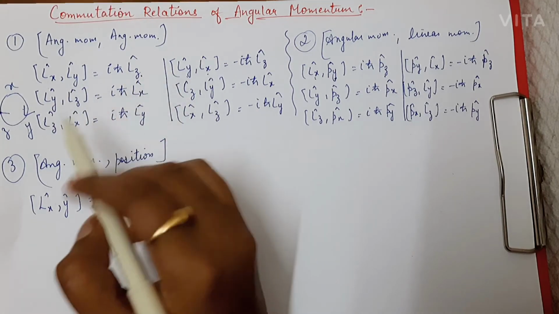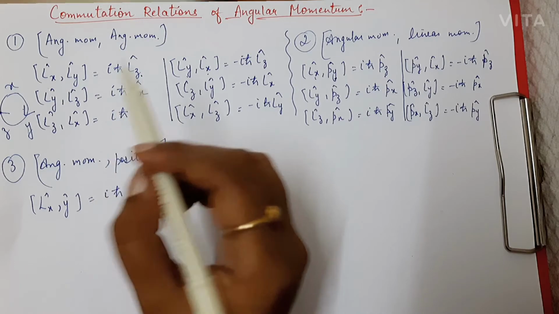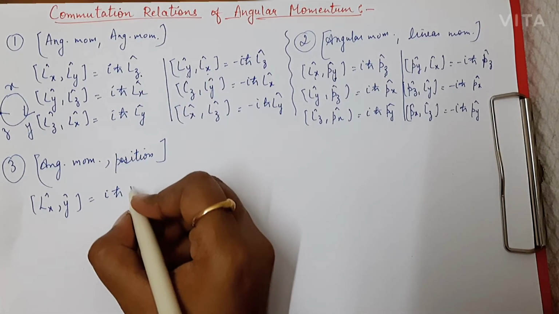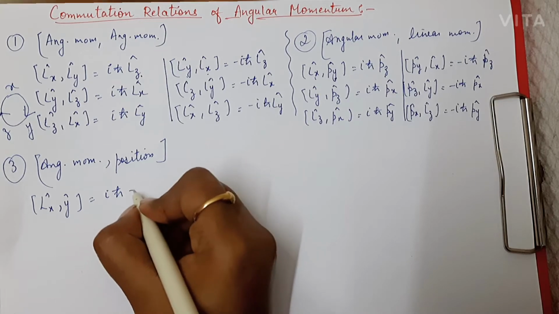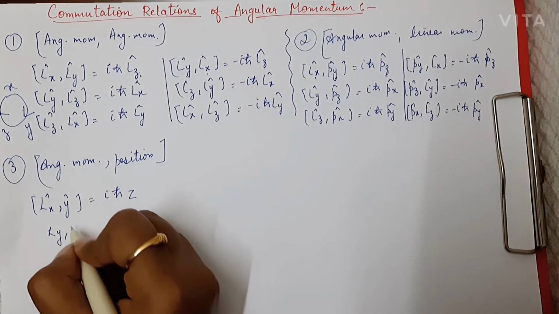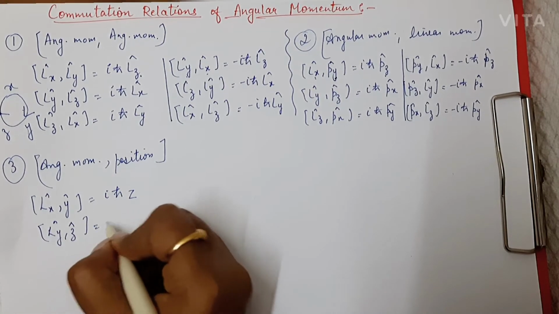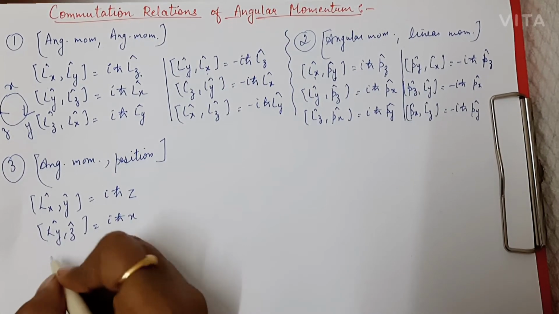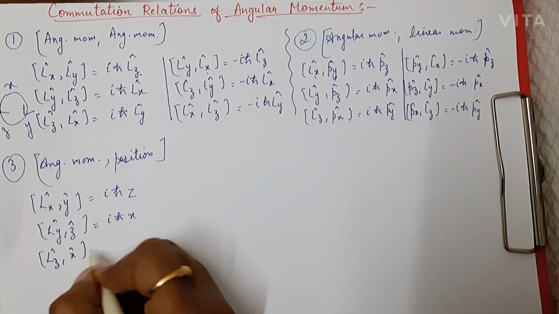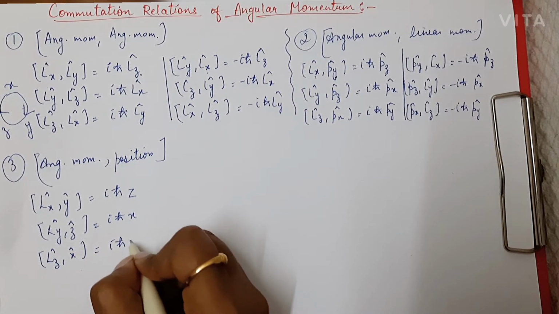So you have to see which ones are used up, and the one which is left will be the answer. That way you can learn. So x and y are used up, so here it will be z. Now Ly and z will be iota h cross x. Lz and x will be iota h cross y.